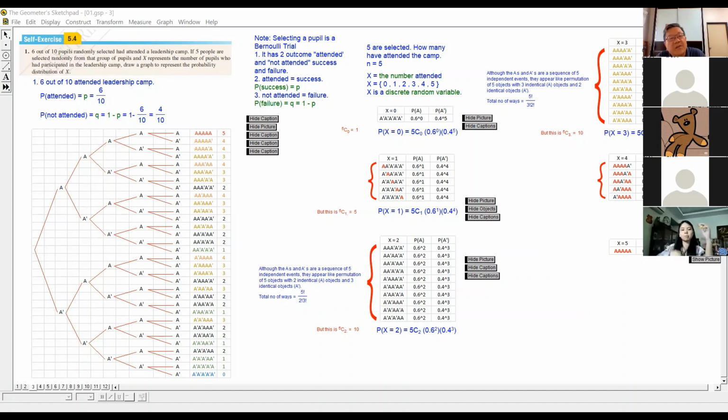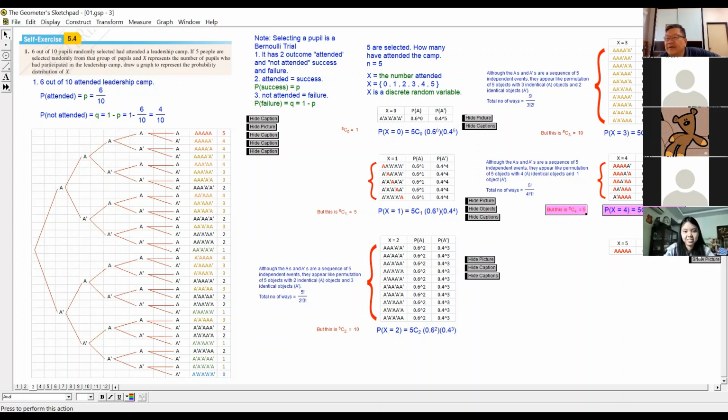The failure got how many times? Altogether 5 times. 4 success, 1 failure, correct, very good. So 5C4, 0.6 to the power 4, 0.4 to the power 1.